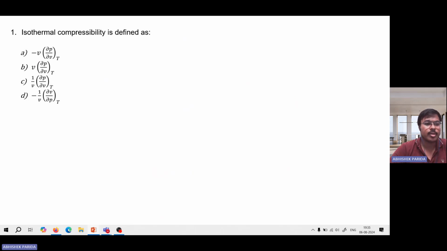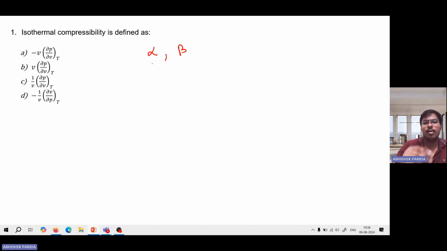Okay. So first, let's start with question number 1. Isothermal compressibility is defined as, this I just covered. I'm giving you 2 minutes. Think about it. We have just covered that there are two properties, alpha and beta.